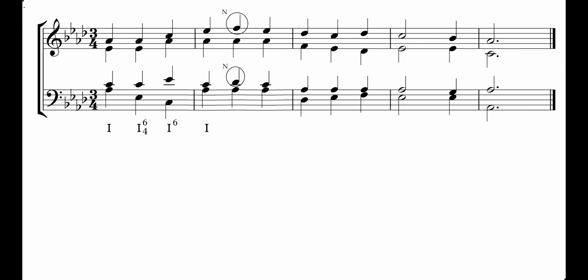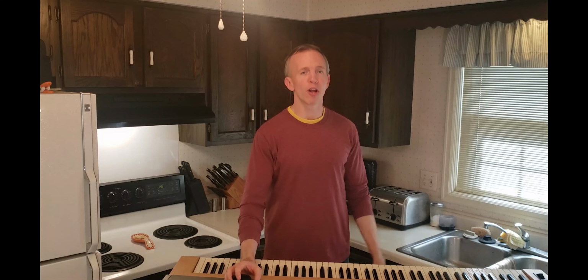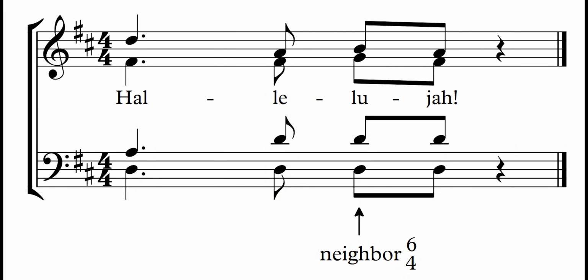However, of course, we can be meticulous and recognize that that chord on beat 2 can be analyzed. And I think we should analyze it as a 4 6/4 chord. I just want to clarify here that we have multiple terms going on. Here's an example from the Hallelujah chorus, which we might call a neighbor 6/4 or neighboring 6/4.